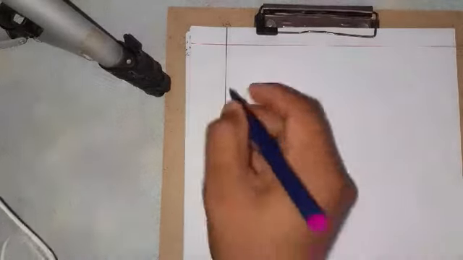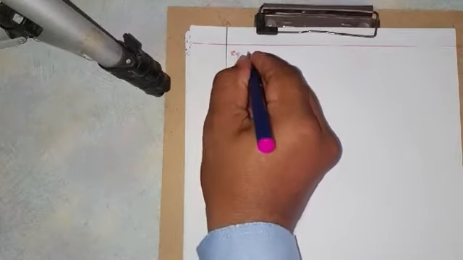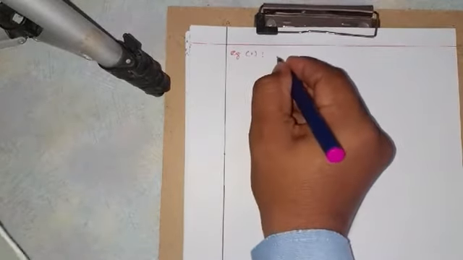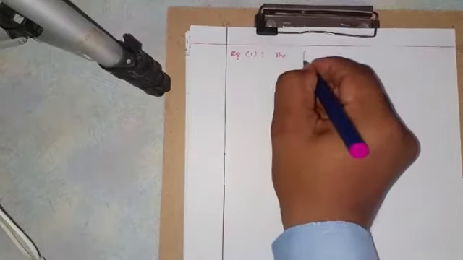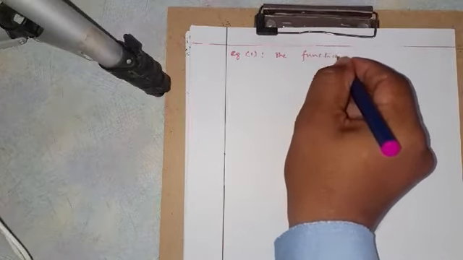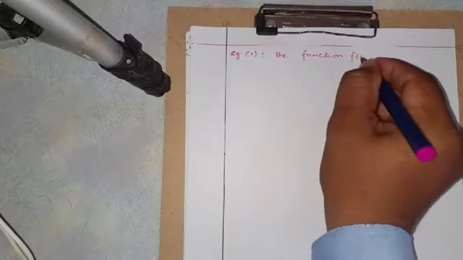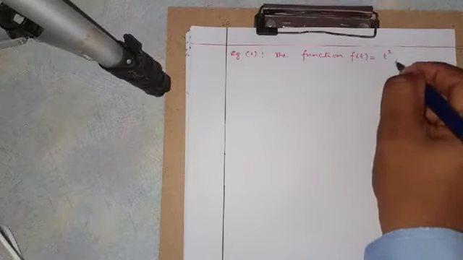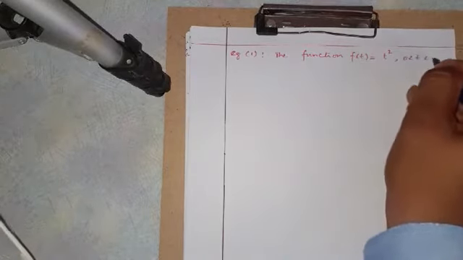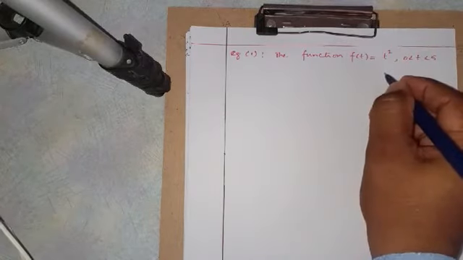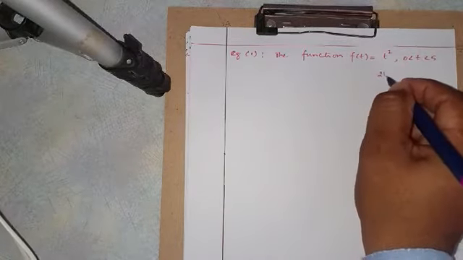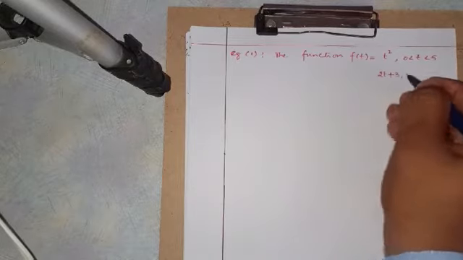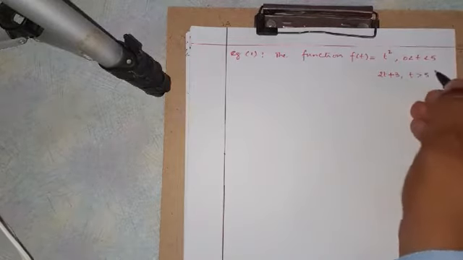Example 1: the function f of t is equal to t square, 0 less than t less than 5, and 2t plus 3, t greater than 5.